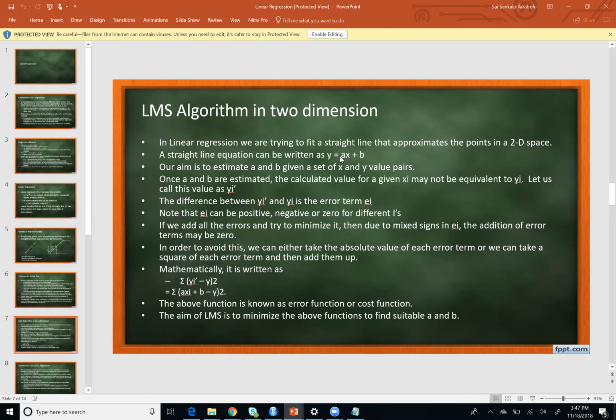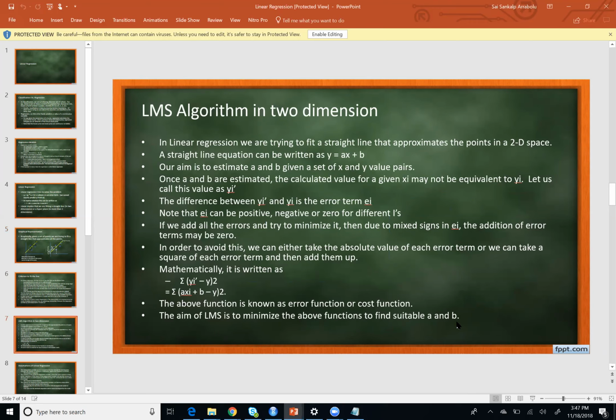Once you determine what a and b are, yi prime is going to be a xi plus b, right? Because that's where your prediction is coming from. Now this equation is called the cost function or the error function. The aim of least mean square is to minimize this function to find suitable values of a and b.